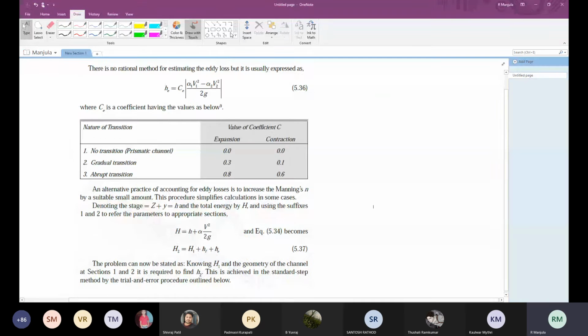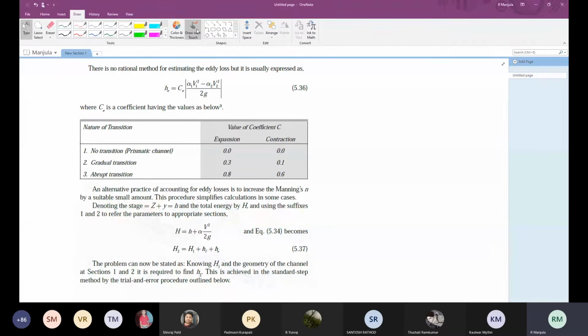There is no rational method for estimating the eddy loss, but usually eddy loss is given by a coefficient of eddy loss CE multiplied by alpha 1 V1 square minus alpha 2 V2 square divided by 2g, and CE is the coefficient, which you can find for expansion and contraction of the channel, because the channel may expand or it may contract all along the length.